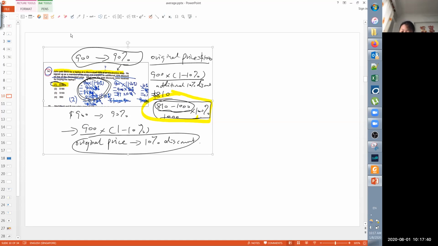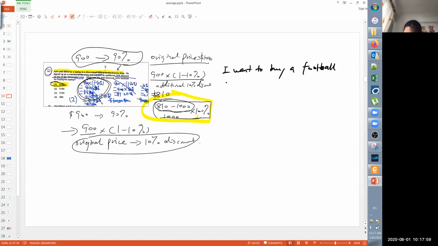Okay, so now, a lot of students, what they do is, let's say I want to buy a football which costs $50.